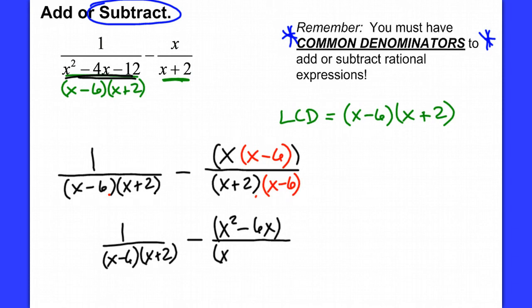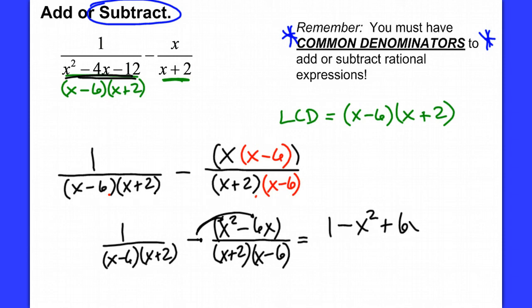Because of that minus sign, we have to make one more adjustment. So what we're going to have now is 1 minus x squared, and because that's a minus here, that's going to change this sign when we put it through to everything. That's going to make that a plus 6x over x plus 2, x minus 6.